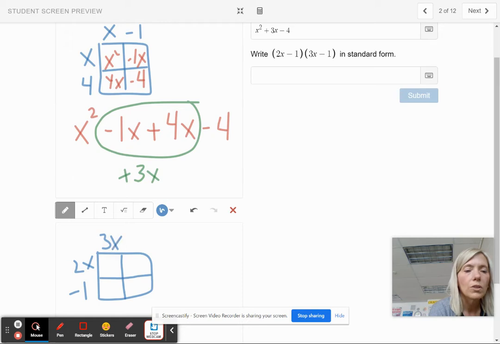I'm not going to finish this problem, just wanted to show you how to set it up in case you're stuck. Then you can go ahead and multiply, list the terms, add the ones together that you can, and type your answer in the box. It's also self-correcting, so as long as you did it correctly, you'll get the message there that it's correct.